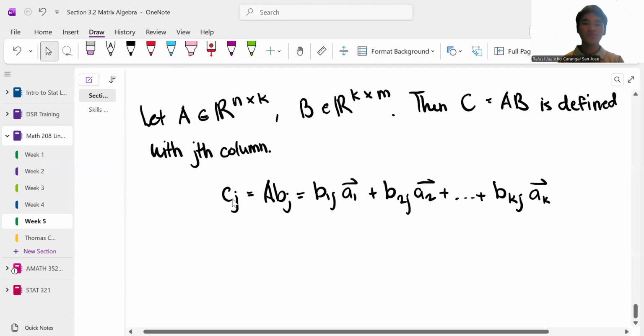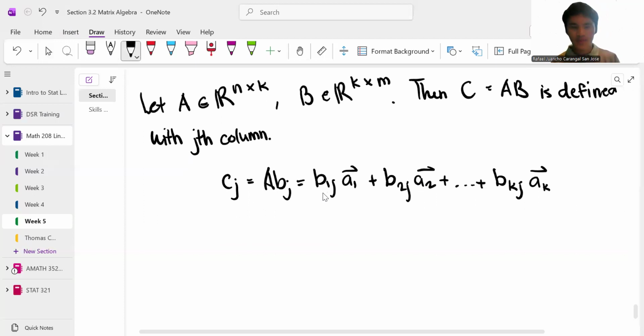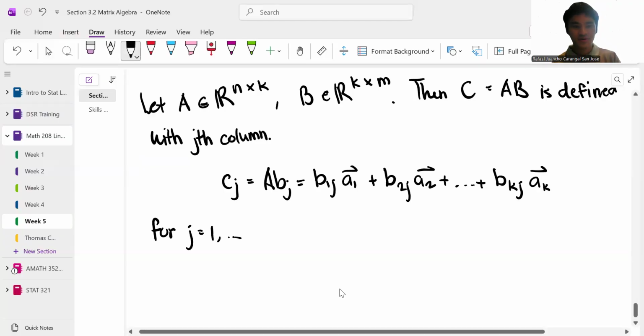So that's one column of the matrix C, right? Because we're multiplying A to B in this case. Okay, I hope that makes sense. Here we say where j is equal to 1, and these are iterations, right? All the way to n.